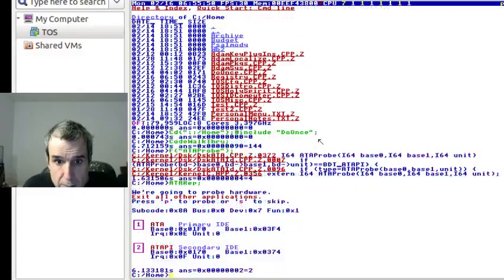This checks. I have a primary IDE and secondary IDE. ATAPI is CD-ROM, and ATA is hard drive. Anyway, so I think it checked. There's Unit 0 and Unit 1, and when I probed, I determined that Unit 1 did not exist.